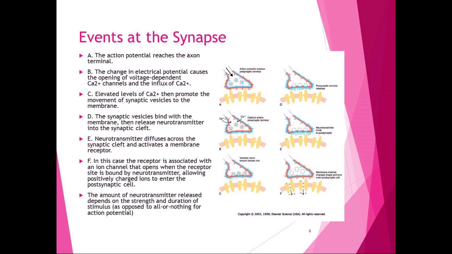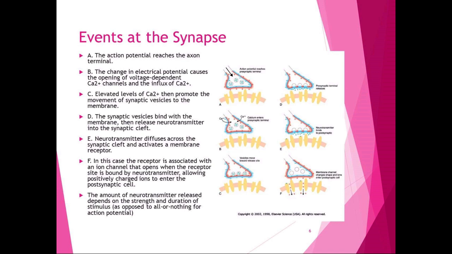Neurotransmitter diffuses across the cleft and binds with and activates a membrane receptor. In this picture, the membrane receptor is a ligand-gated ion channel that opens and allows positively charged ions, probably sodium, to enter the postsynaptic cell, depolarizing it.